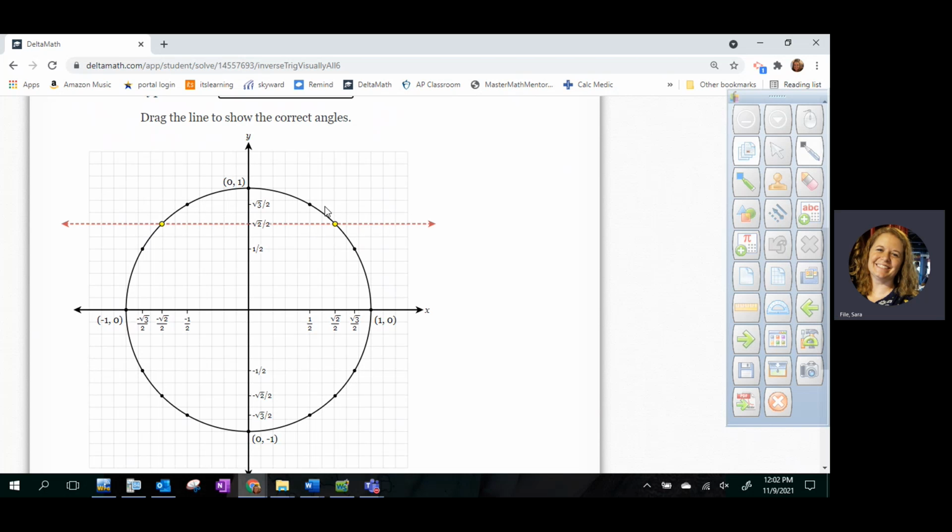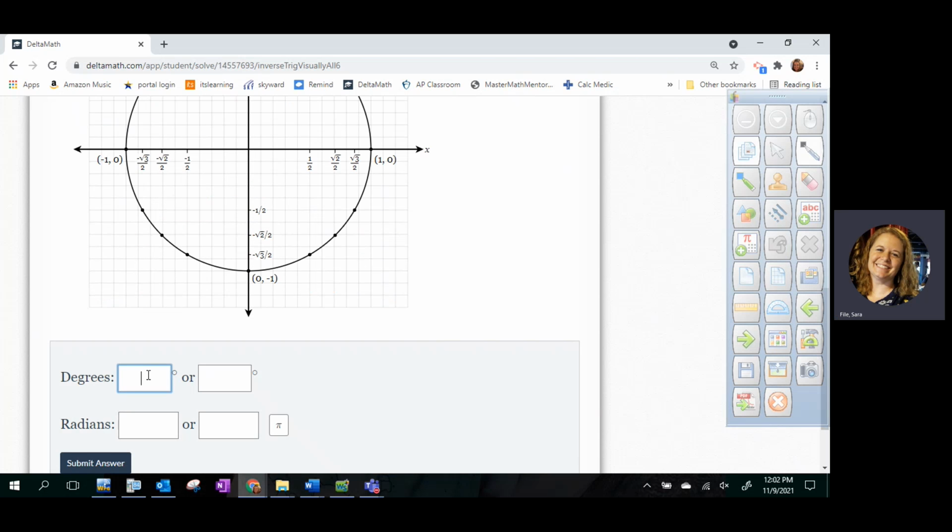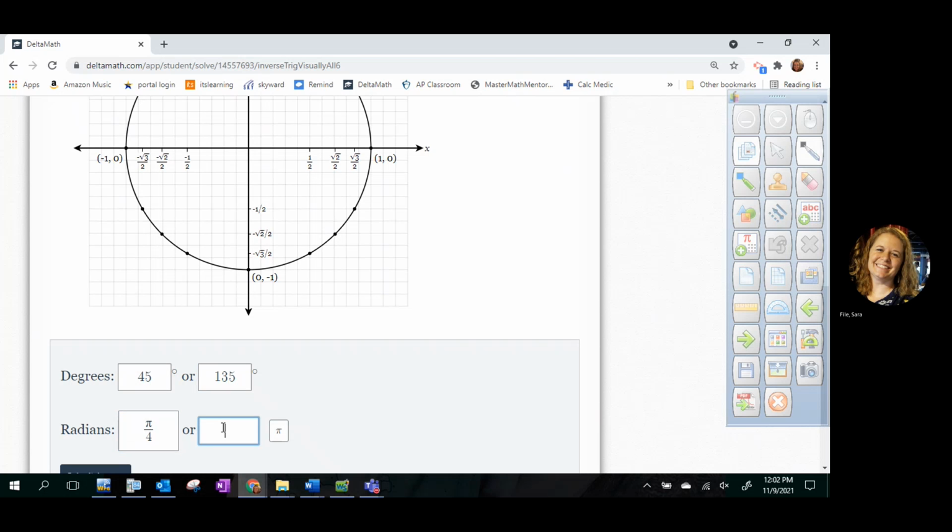Now, if you were doing quadrant 1 and 4 or 2 and 3, you would need a vertical line. If it was quadrants 3 and 4, you would need a horizontal. Or if it was opposite quadrants, like 1 and 3 or 2 and 4, you would need a diagonal line to connect them. Does that make sense? So that's what you were doing there. So you could say that's at 45 degrees in quadrant 1, or that's 135 in quadrant 2. So that is pi fourths, or 3 pi fourths.